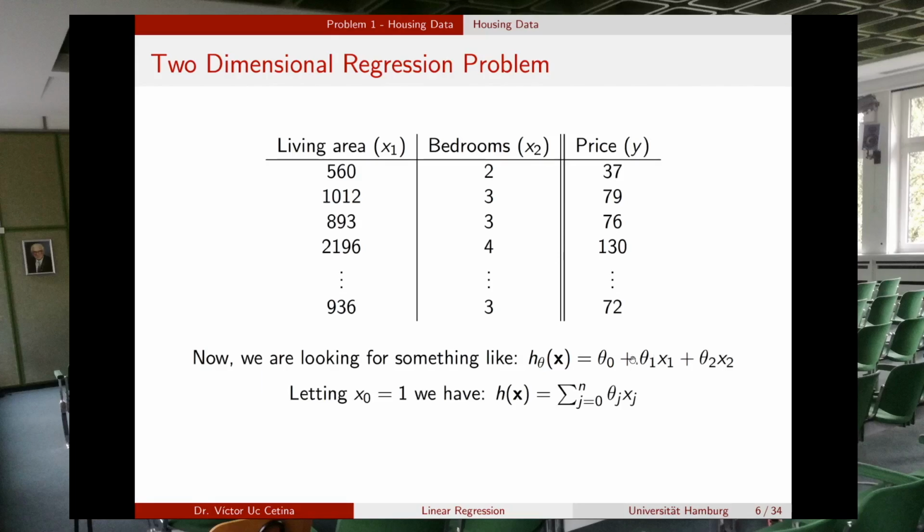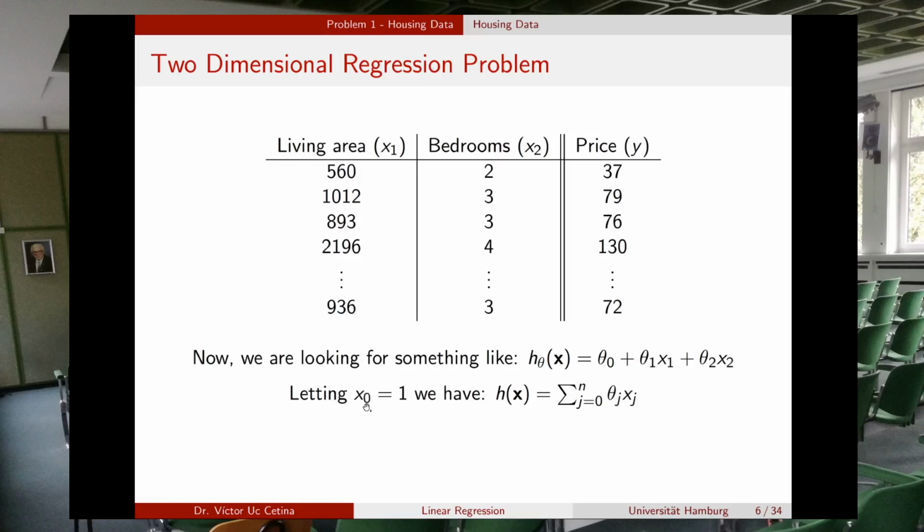Now, for this expression, if we add some x0 here, and we let this x0 be 1 for every single house, so suppose that we have an extra column here that we are going to call x0, and we will have 1 for every house, 1, 1, 1 for every row in this table.